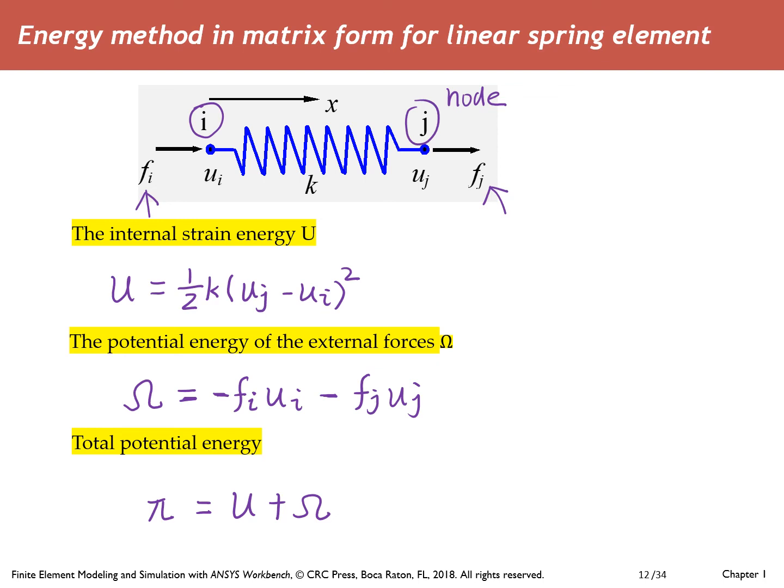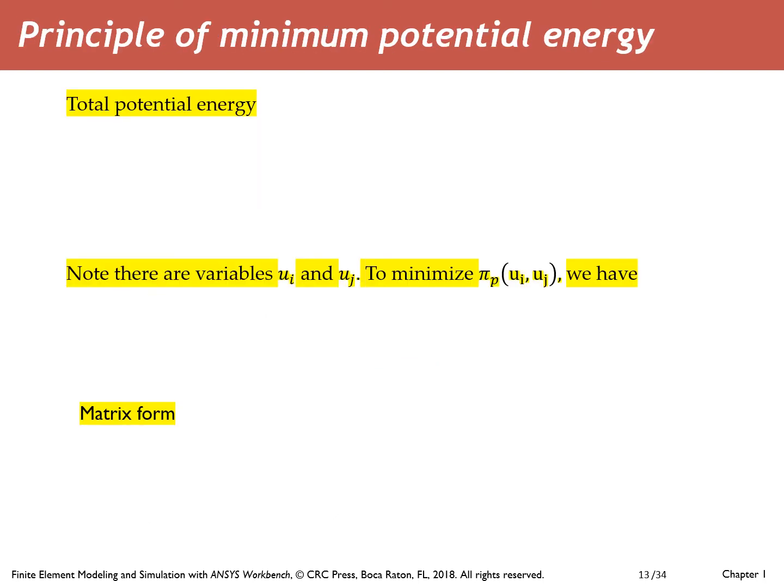The next step is to minimize it. Here I write down this total potential energy, which I copied from the previous slide: one half k times uj minus ui squared, minus Fi ui, minus Fj uj.